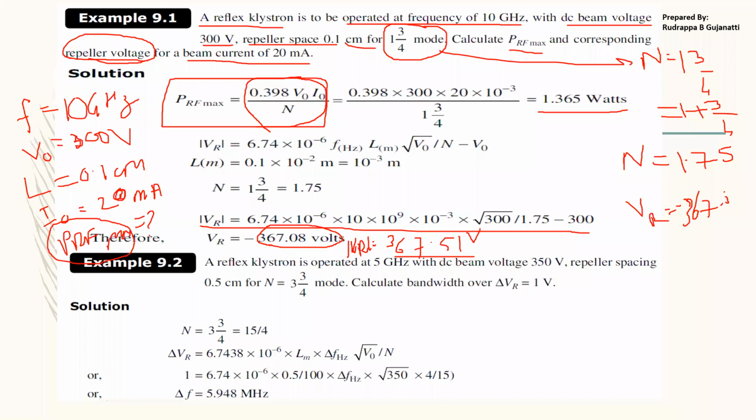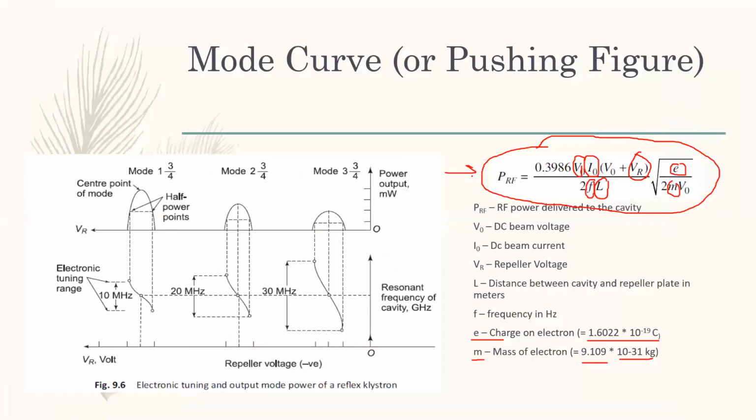So now here what we do is we can use this equation and try to obtain the result. When we had solved it, we had got the result around 1.366 watts.